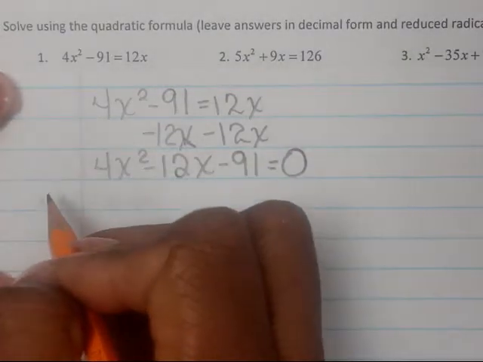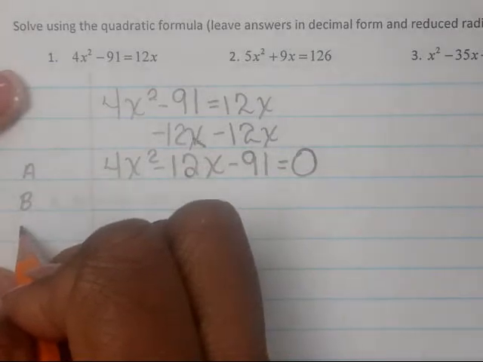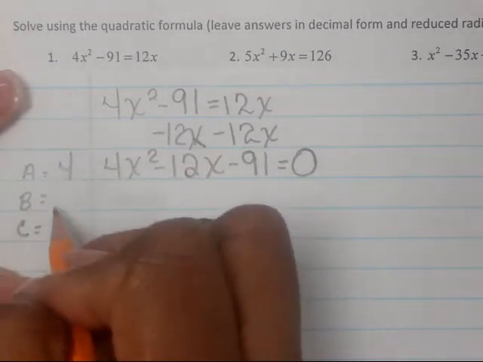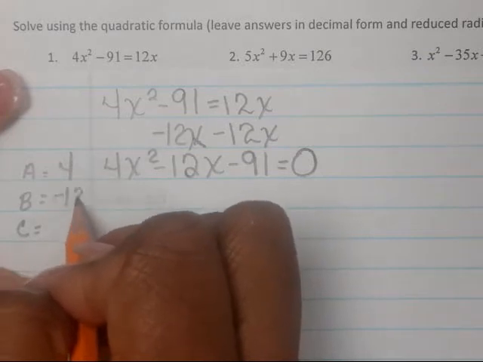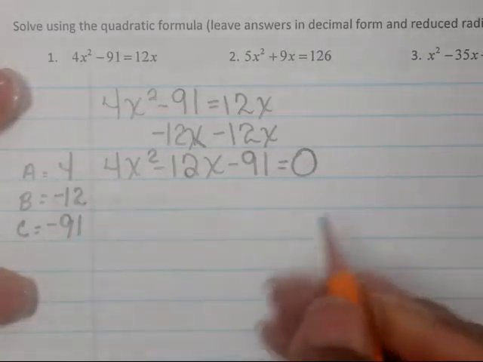I can identify A, B, and C. A is 4, B is negative 12, and C is negative 91.